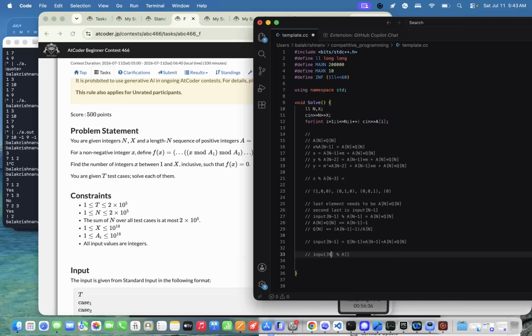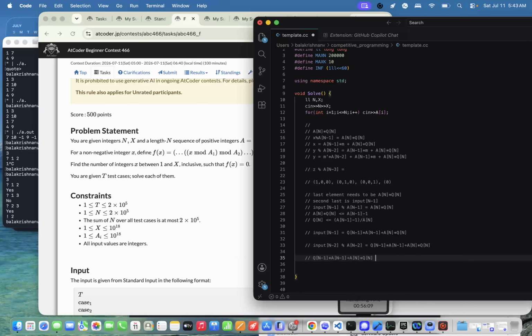Finally, we have input of n minus 2 mod a of n minus 2 should be equal to, essentially, this input of n minus 1. That is this, which means this whole thing must obviously be less than or equal to a of n minus 2 minus 1. Right?